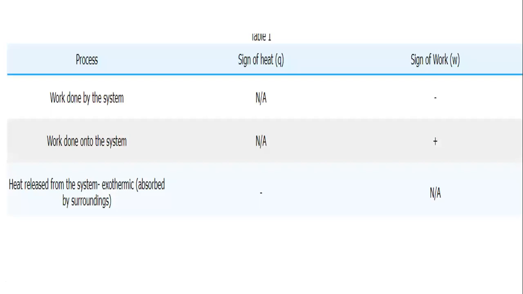In addition, the various sign conventions are learned by solving problems related to the first law of thermodynamics. If work is done by the system, then we call it negative work done, so the sign of work will be negative. In the other case, work done on the system is positive work done.